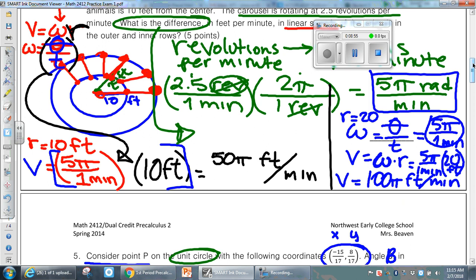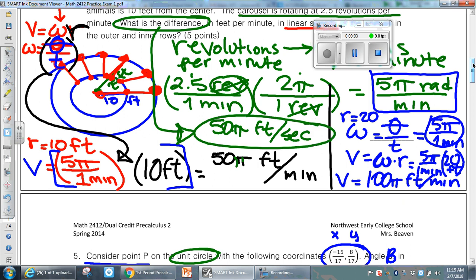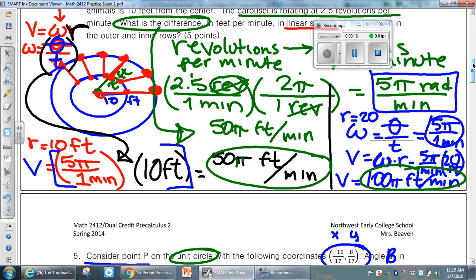So don't forget to include pi, 50 pi feet per second. That is because we subtracted 100 pi feet per minute. Oops. That should be minute, not second. Remember, 100 minus 50, and we get 50.